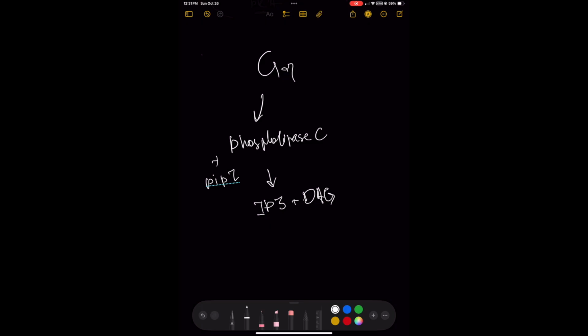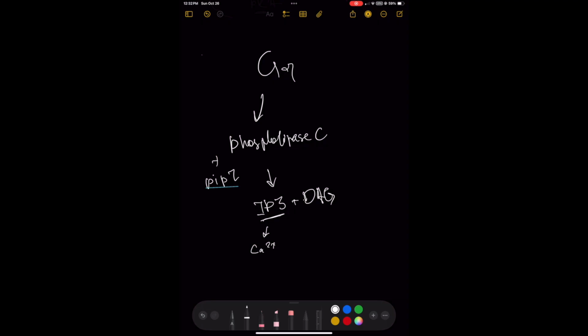IP3 you may recognize as a secondary messenger, and the long name is inositol triphosphate, as signified by the P3. IP3's job is to release Ca2+ from the endoplasmic reticulum.